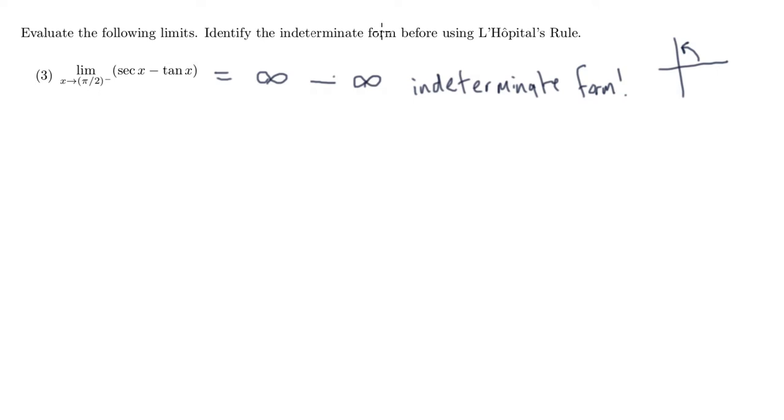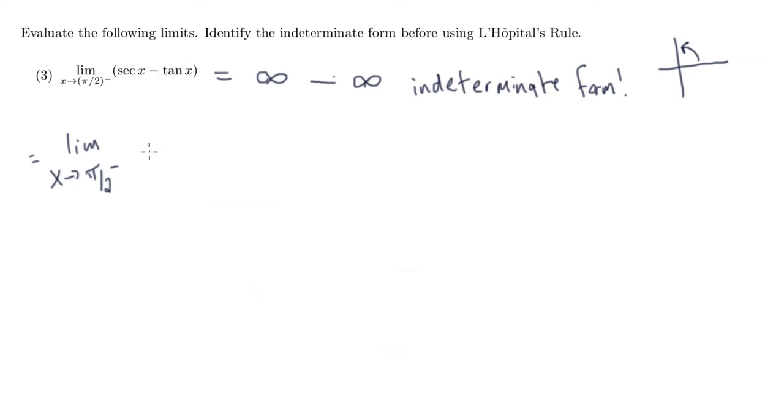And this is typically the hardest part of using L'Hopital's rule, when you have to do a little bit of work to get it into an indeterminate form of the right form. So this is the same thing as taking the limit as x approaches pi over 2 from the left. Let's just write down what secant x is and tan x is.